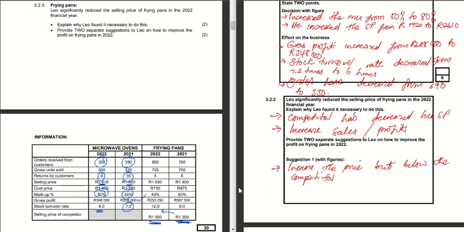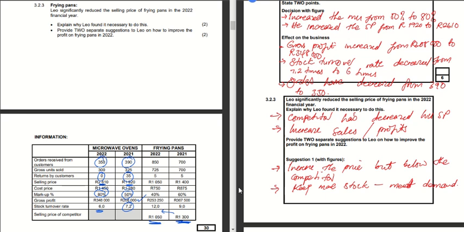The next one is that he can keep more stock so that he can meet the demand. He can keep more stock in order to meet the demand.